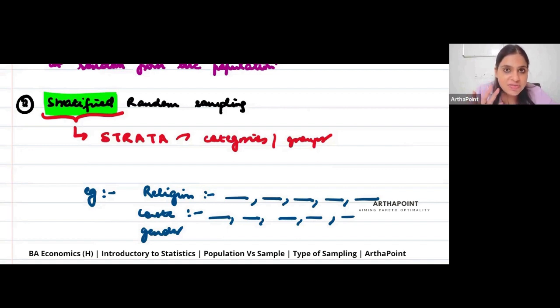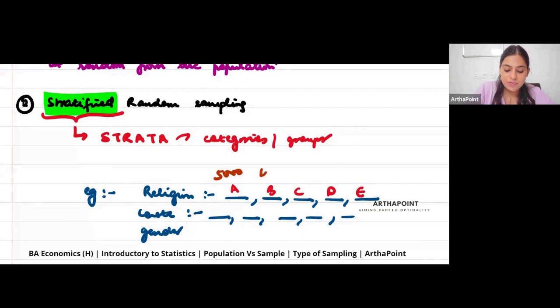In this way, we will make sure that those strata which have lower presence also have their members in the sample. So just take an example. Suppose this is religion A, B, C, D, and E. Let's say that religion A had 5,000 people.